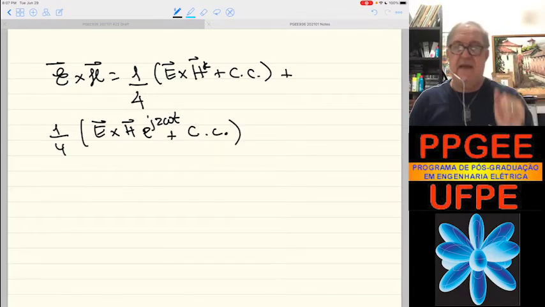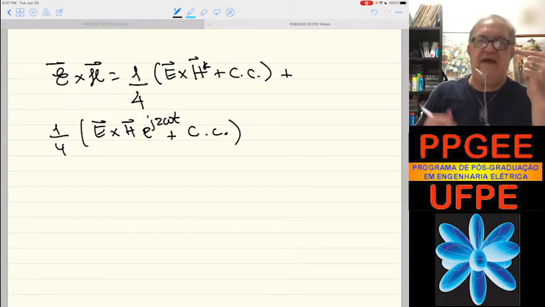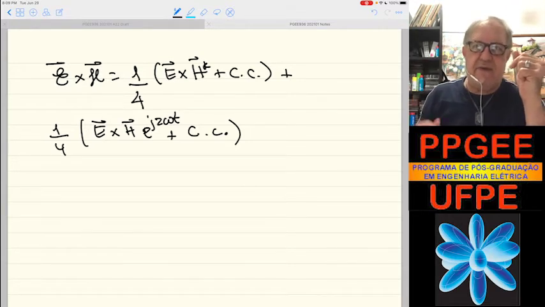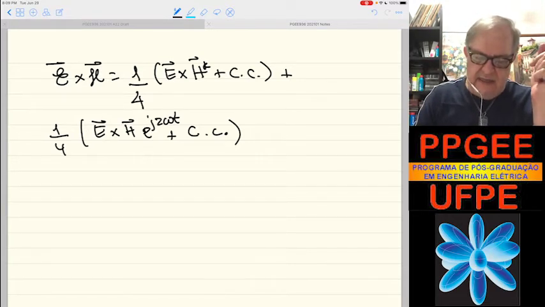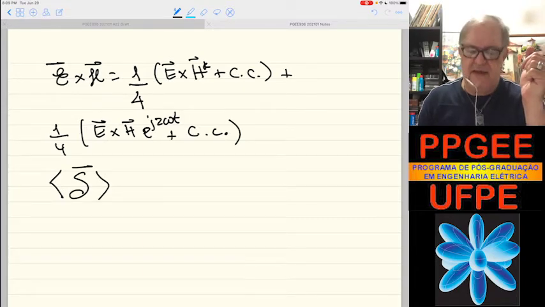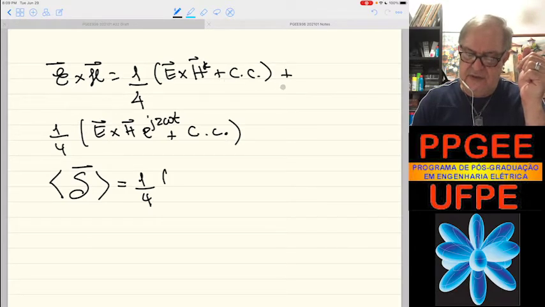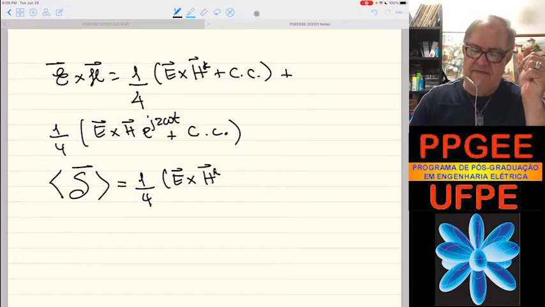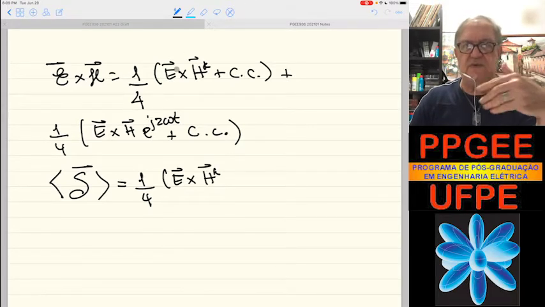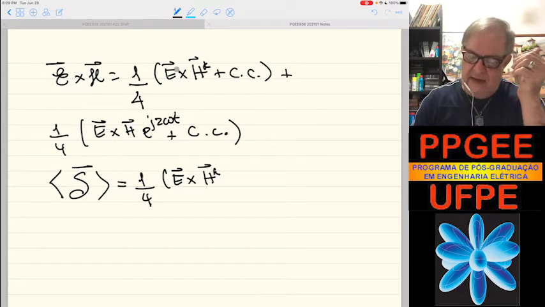which depends on time. So if we make an average value of the Poynting vector over a period, we have the same result. I mean, the average value of the Poynting vector is going to be 1/4, right? So we're going to have E cross H plus the conjugate, because the average value of E cross H conjugate equals E cross H conjugate, because it doesn't depend on time, plus the conjugate, right?